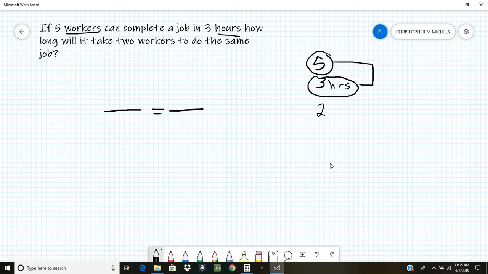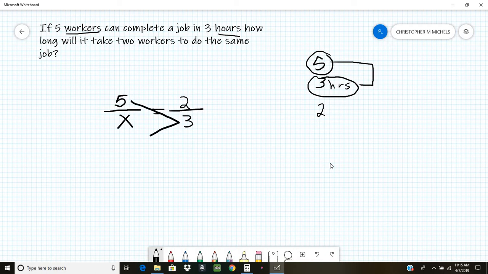Okay, so we put 5, and then the 3 has to go diagonal. Now remember, that's the difference between direct and inverse. Once you find your comparison, what goes together has to be diagonal from each other. Okay, so now with the 2, let's put the 2 up here because it's workers. Then we got x down here.